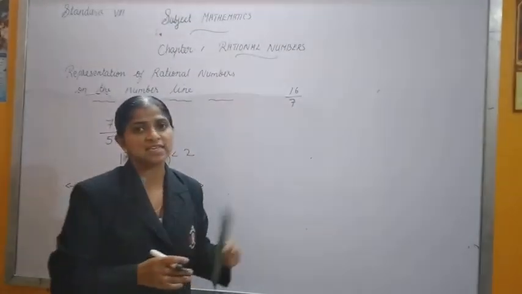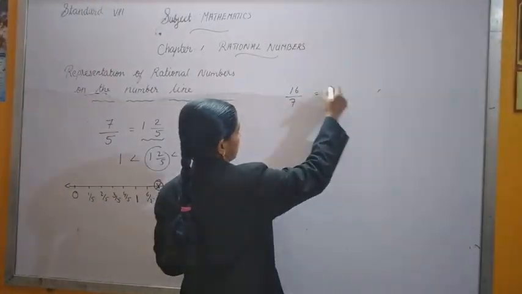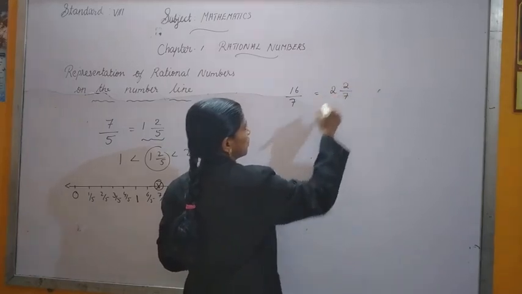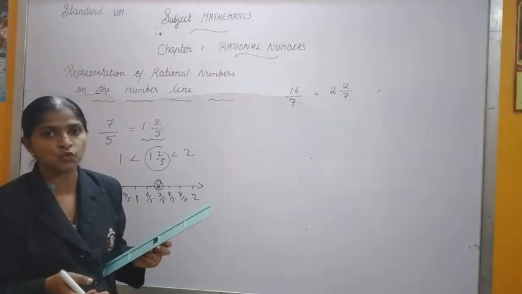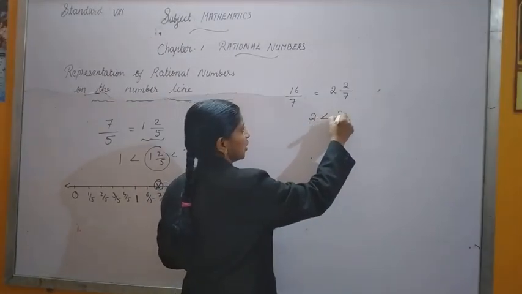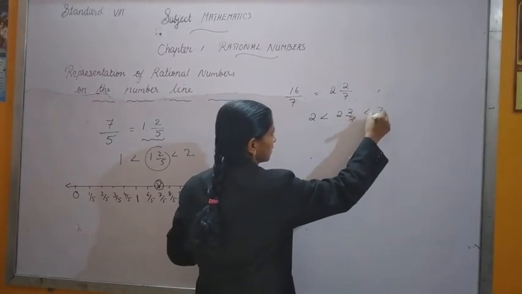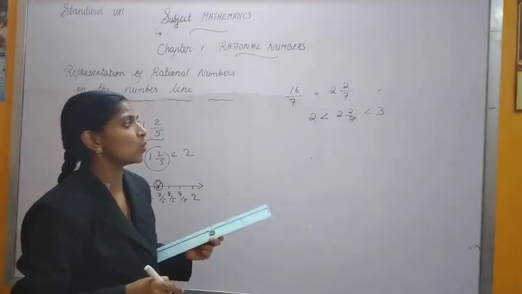Here we know 16 upon 7 is an improper fraction, so you convert it into a mixed fraction. 2 sevens are 14, then 2 is remaining. 2, 2 upon 7 we get. From this we know this number is between 2 and 3. This rational number comes between the integers 2 and 3.